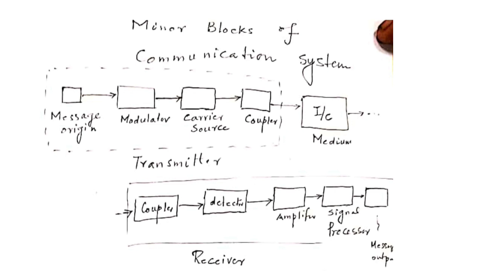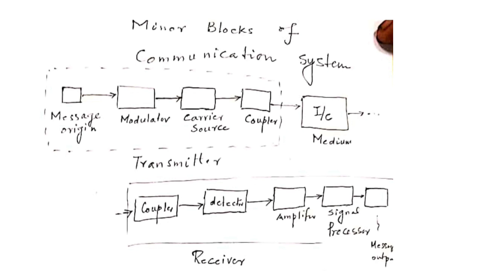In a wireless communication system, we radiate the energy to the information channel with the help of a transmitting antenna. This energy travels from the transmitter to the receiver, and this signal is received by the receiving antenna on the receiving side.